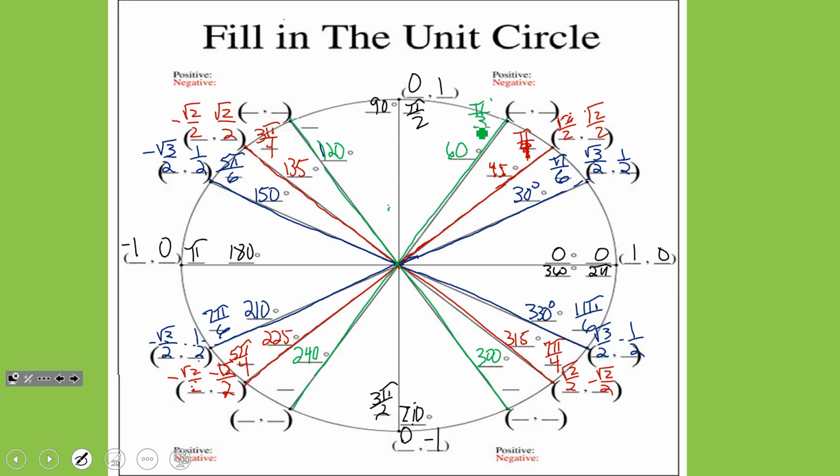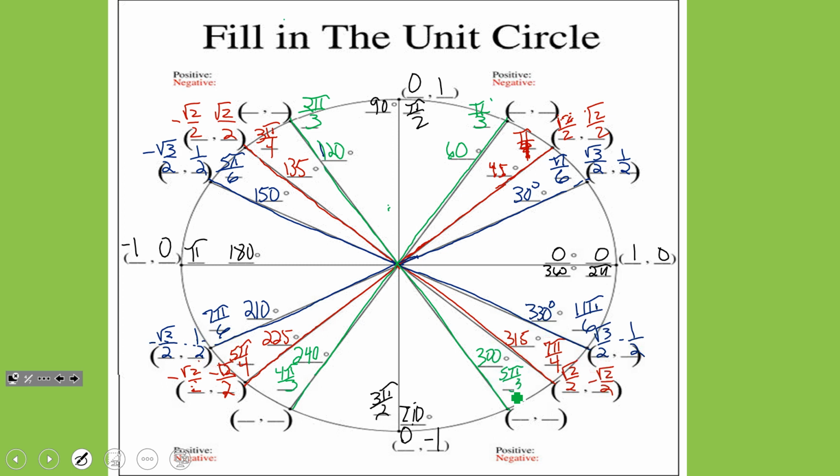This would be 2 pi's over 3. This would be 3 pi's over 3, which would be 180. That's another 60. This would be 4 pi's over 3. This would be 5 pi's over 3. And that could be 6 pi's over 3. So you could count it by 60s instead of by 30s if you wanted to.